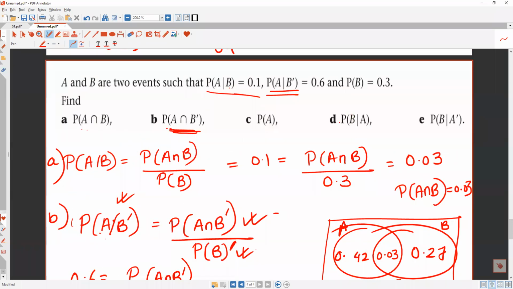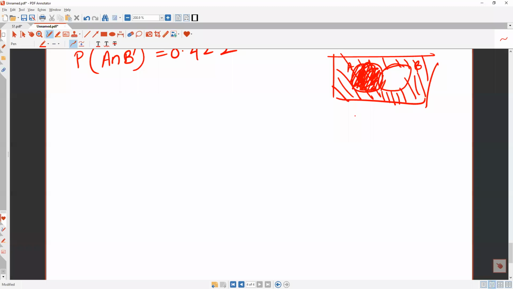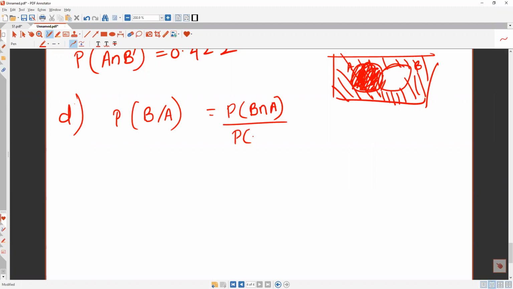Then I have to find B/A. B/A এটা কিভাবে করবে? D part. Probability of B/A কি করতে হবে? Probability of B intersection A divided by probability of A. So what is B intersection A? 0.03. Okay, what is A?